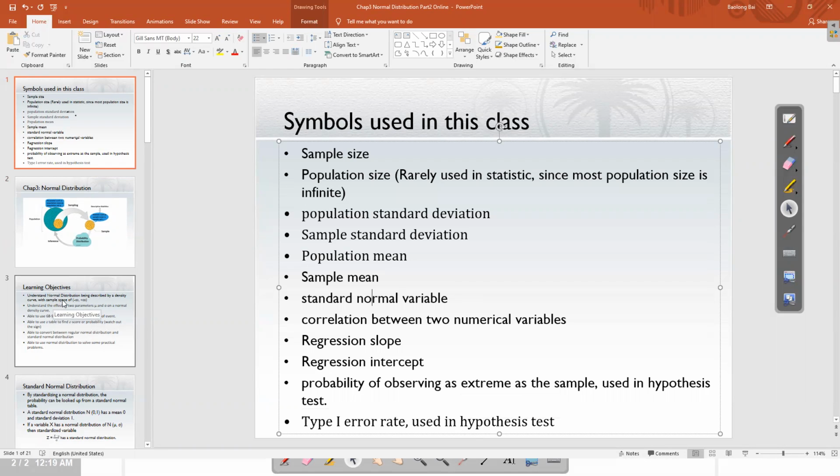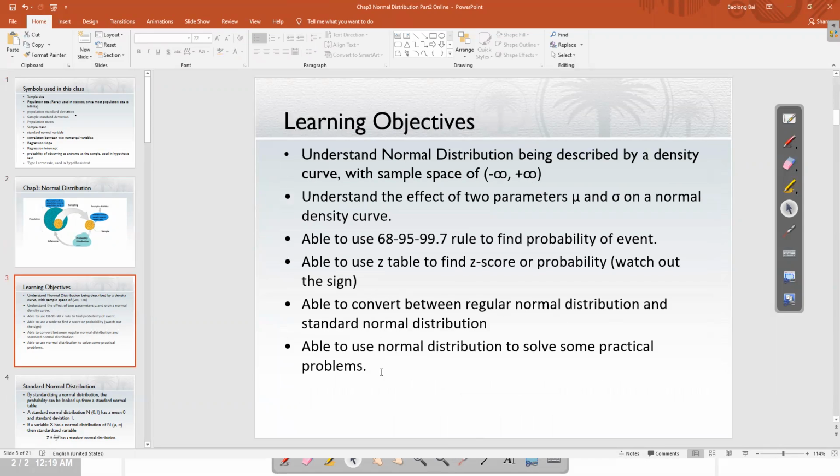Okay. So learning objectives, we already went through this last meeting for normal distribution. We need to understand normal distribution is a continuous distribution, so we use a density curve to describe it. The sample space of normal distribution is all real numbers from negative infinity to positive infinity.